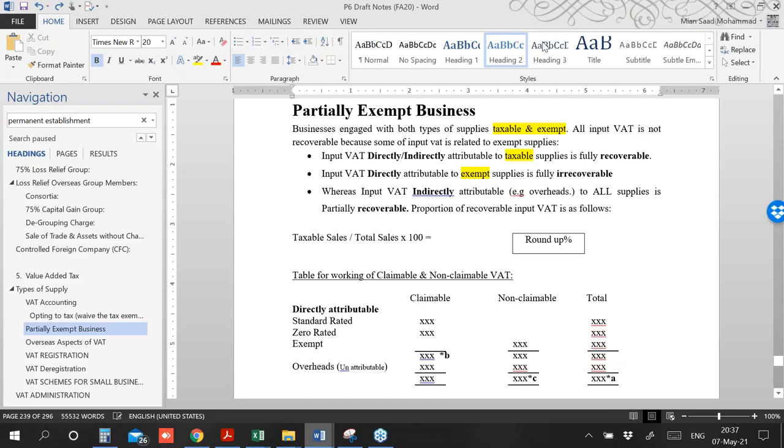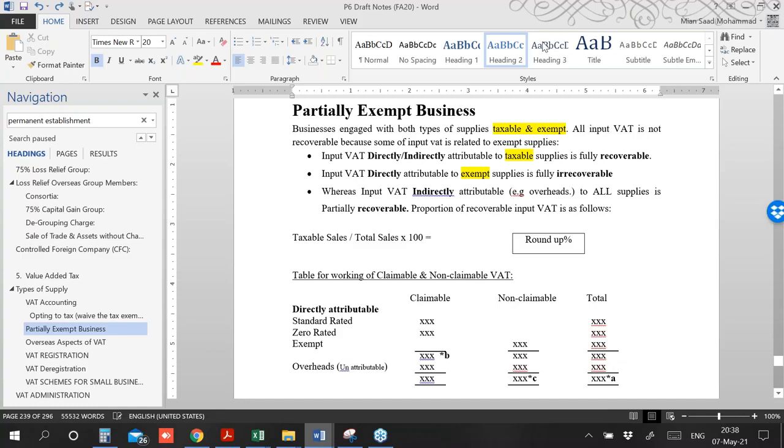If somebody has 80% of their turnover from taxable sales and 20% from exempt sales, we can allocate that 80% of the overheads are incurred for taxable sales and 20% for exempt. As the concept suggests that the overheads incurred for exempt sales cannot be recovered, such businesses that deal in both are called partially exempt businesses.